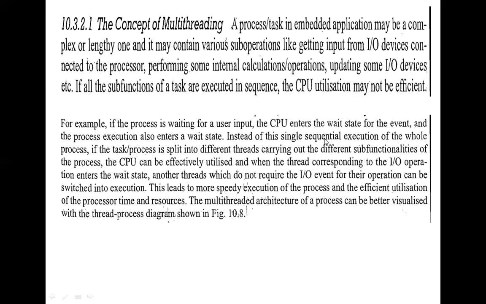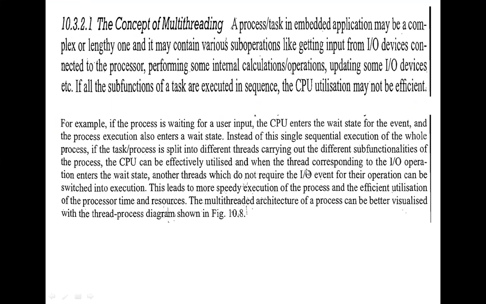Instead of the single sequential execution of the whole process, if the task or process is split into different threads carrying out the different subfunctionalities of the process, the CPU can be effectively utilized.